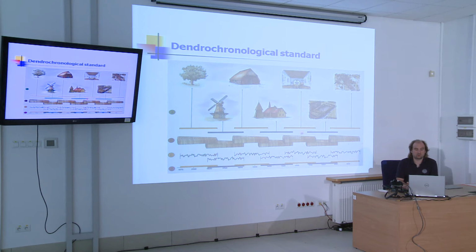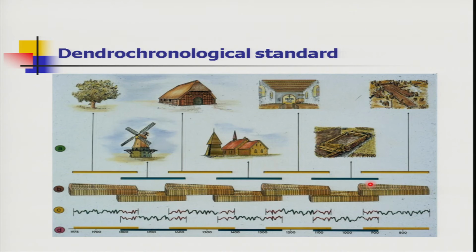Everything which goes back in time is useful, as far as we can find the overlap of the given material with our master chronology. In this way, we extend our master chronology towards the past.